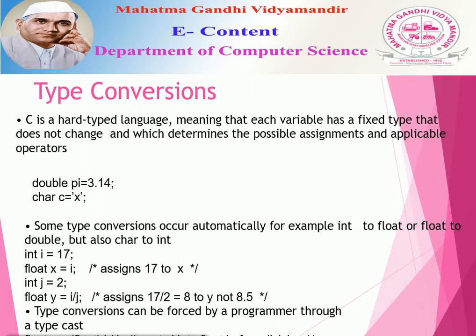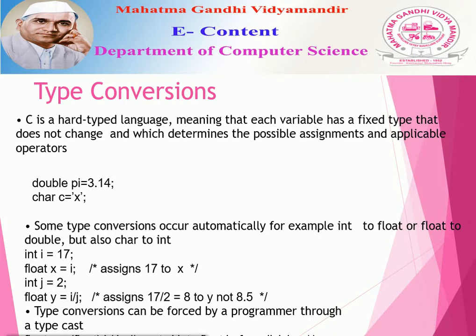Then the next concept we are going to see is type conversion. All of you know that C is a strongly typed language, meaning that each variable has a fixed type that does not change and which determines the possible assignments and applicable operators. Suppose double pi is equal to 3.14, and char c is equal to x.